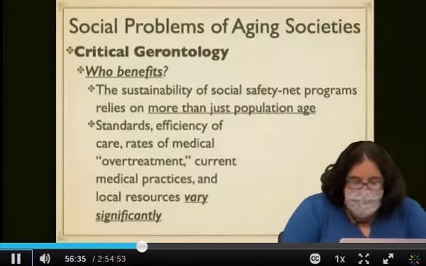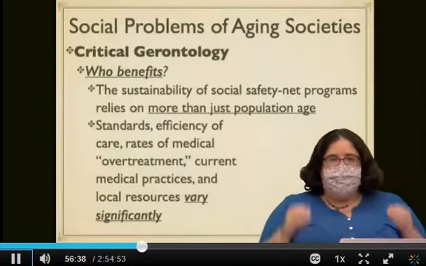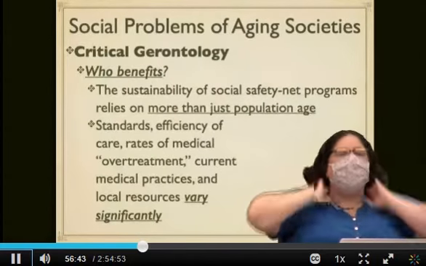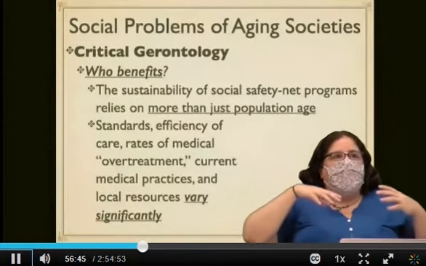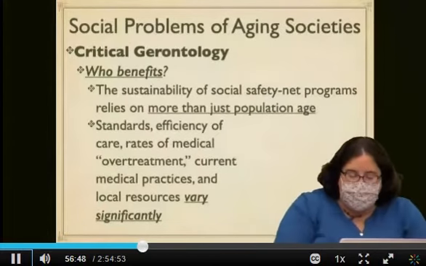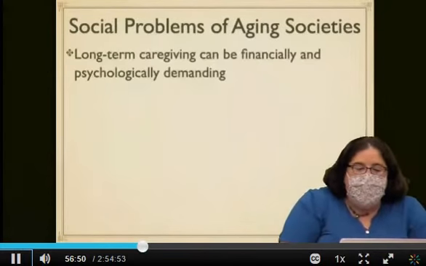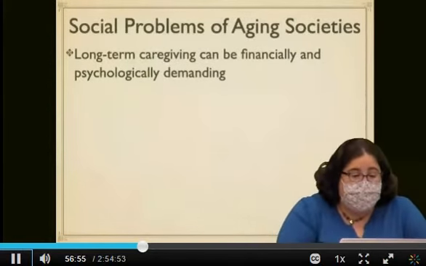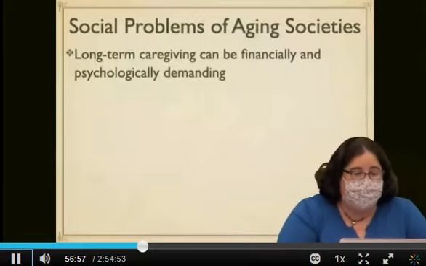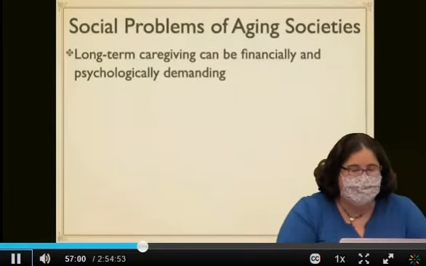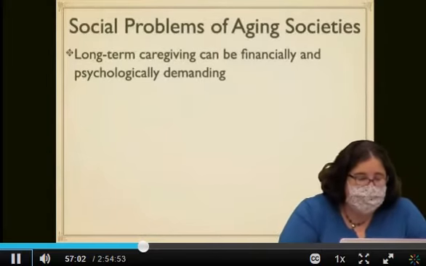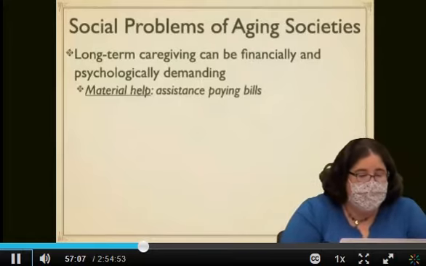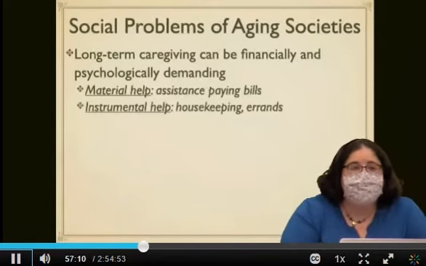All right. So all of the things I've talked about so far have been at the macro level, right? The population level. These are things that are problematic from a really abstract view. But on the micro level, the individual level, we know that long-term caregiving for families of people who are aging can be very financially and psychologically demanding. There's material help that people need, like assistance paying bills.